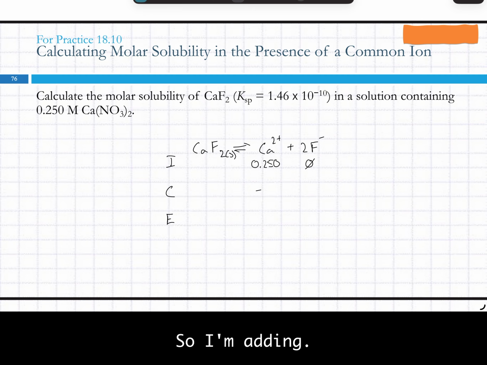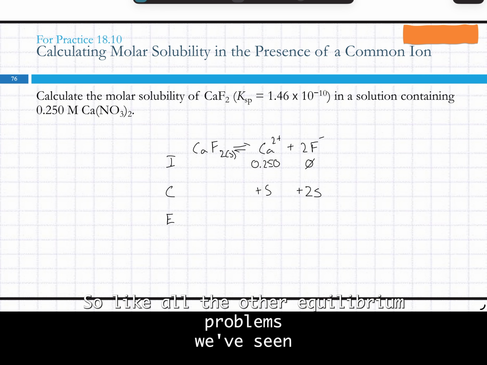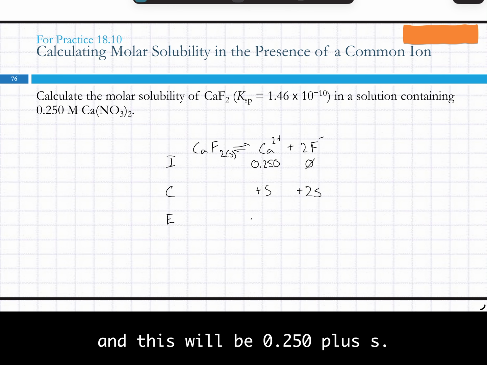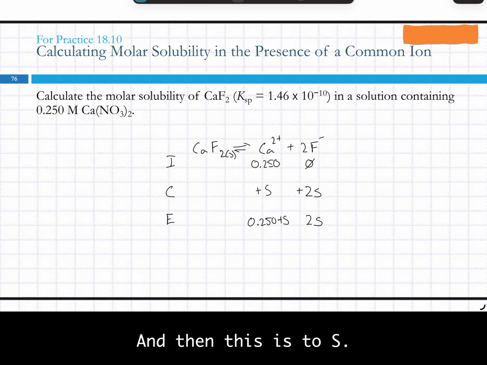So I'm adding, oh, not just S, this is plus 2S. All right, so like all the other equilibrium problems we've seen, this will be 0.250 plus S, and this is 2S.